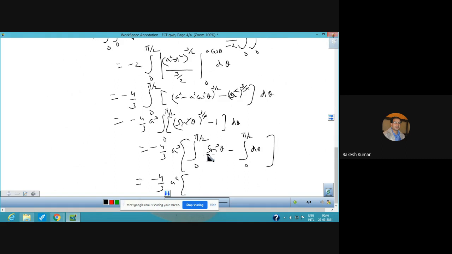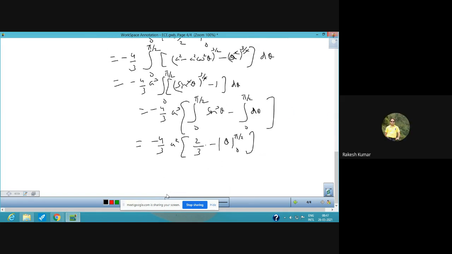This is to be done with the help of a reduction formula. So that is 2 upon 3, and the integration will be theta, and that is 0 to pi by 2. Now you can substitute the limit here. So you will have minus 4 by 3 a square, 2 by 3 minus pi by 2.